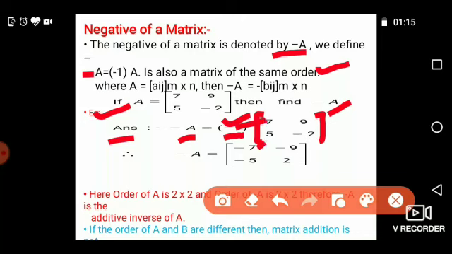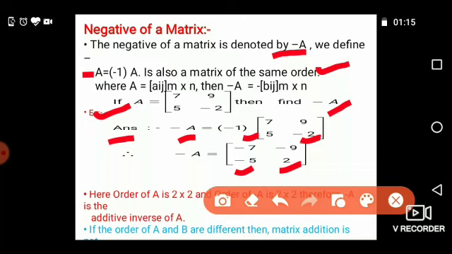Minus 1 into 9 becomes minus 9. Minus 1 into 5 becomes minus 5. And minus 1 into minus 2 becomes plus 2. Therefore, the matrix minus A has the elements minus 7, minus 9, minus 5 and 2. Therefore, this is called the negative of matrix A.